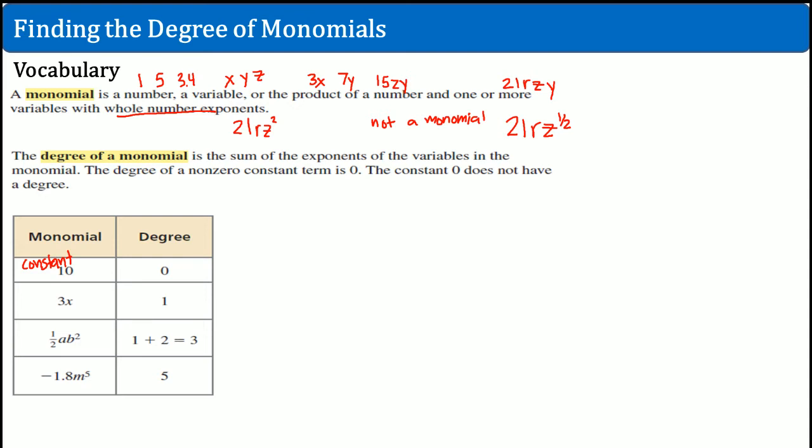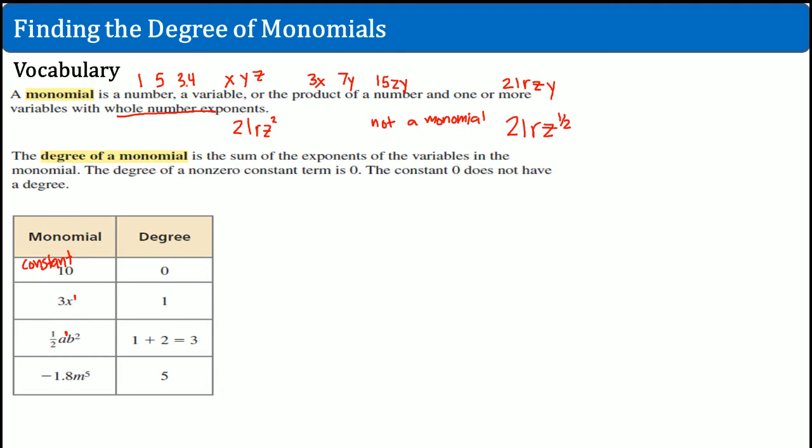What is the degree here for 3x? We don't see the exponent here, but there's really a 1 here. Okay, so that is the degree 1. What about this one? The degree here is 3. Okay, because there's a 1 on top of the a, but we don't write it. The 1 plus 2 becomes 3. So this monomial is a third degree.